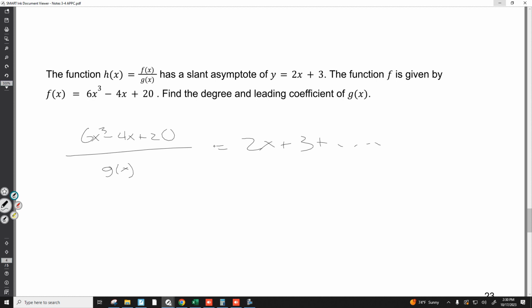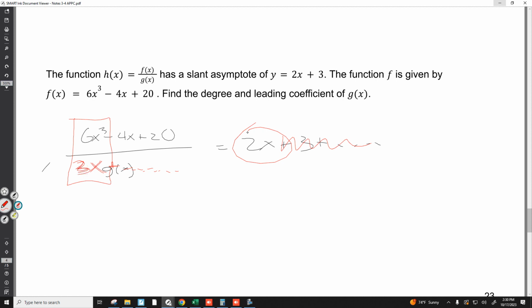They just ask you for the degree and leading coefficient of G. What is it? 3x plus I don't care. When I divide my biggest degree term, I'm going to get 2x.